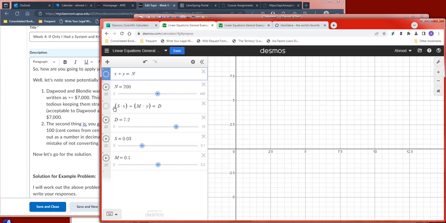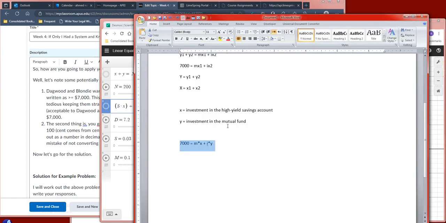And if you can recognize that this equation and this equation are the same, here D equals $7,000, and instead of M, I'm going to use capital S as the interest rate on the high yield savings account.